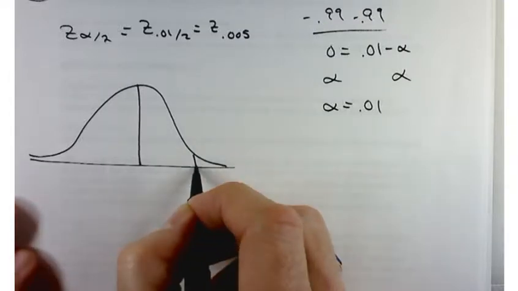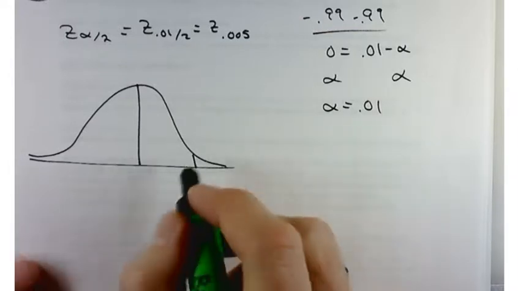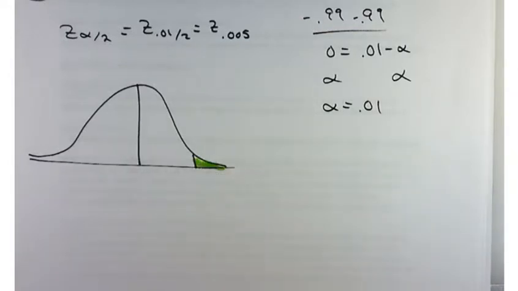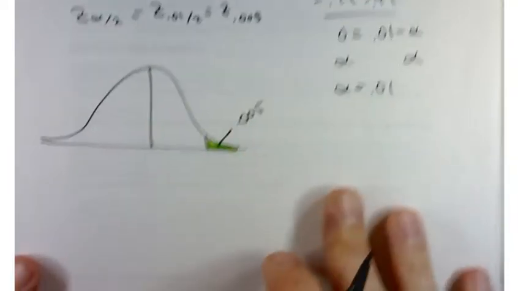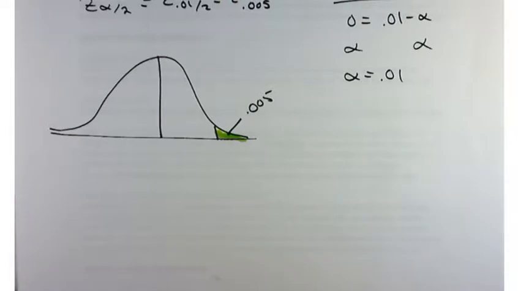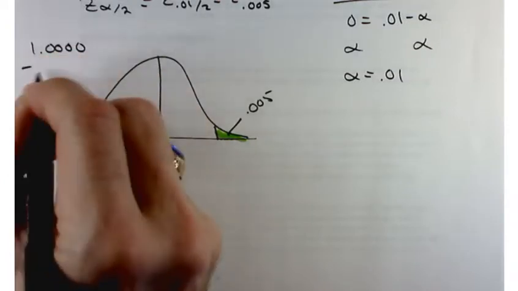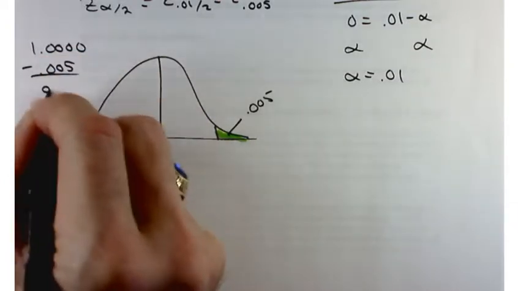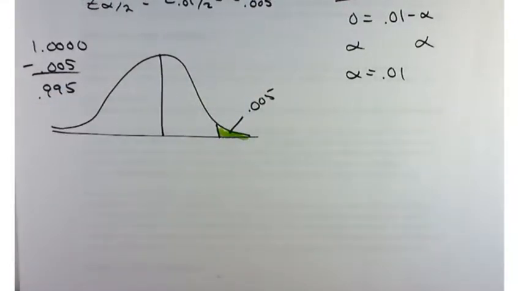So we've got 1/2 of 1%, or 0.5%, of the area has to be in the right tail. Perfect. So this little bit is 0.005. What's that going to leave for the rest of it? Kylie? Yeah, so 1 minus that is 0.995.